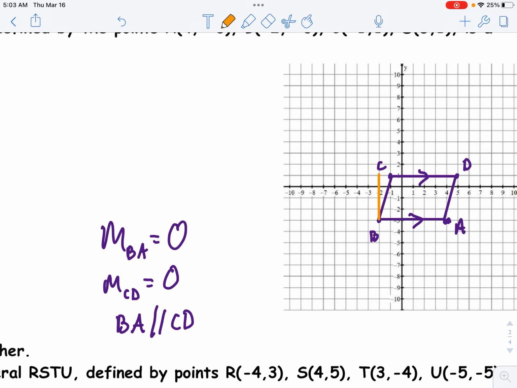And very clearly, we're going up 3 over 1. Or excuse me, 1, 2, 3, 4. Up 4 over 1. Alright. So the slope of CD is 4 over 1. Or excuse me, BC.